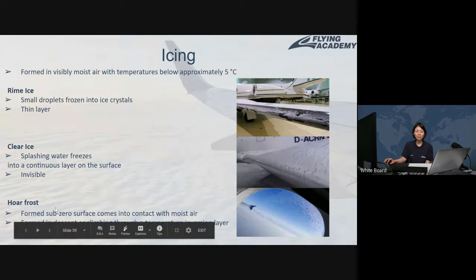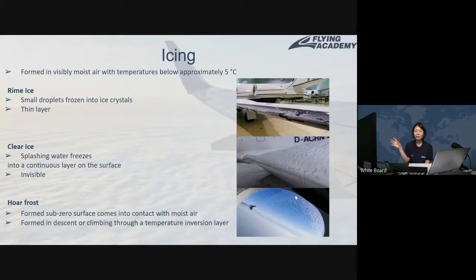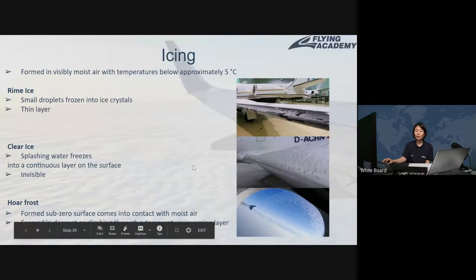Frost just happens because a zero-degree surface comes into contact with moist air. The aircraft itself is already cold when you have been flying for a long time at cruising level, and then when you start descending, frost can happen. This is what you normally see on a cold winter morning.